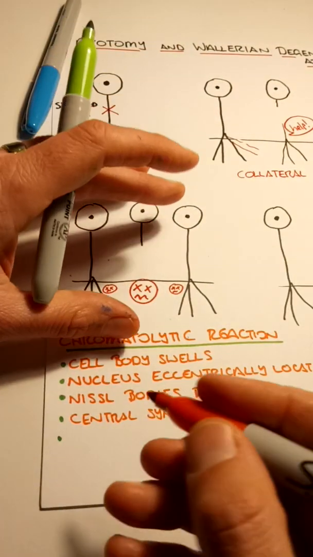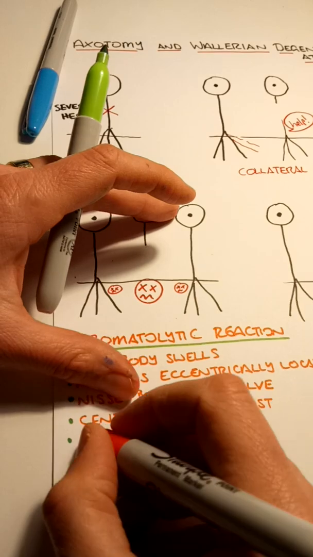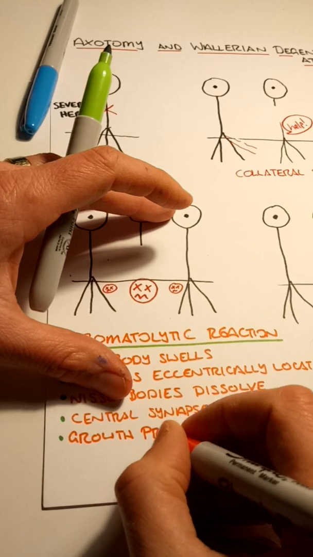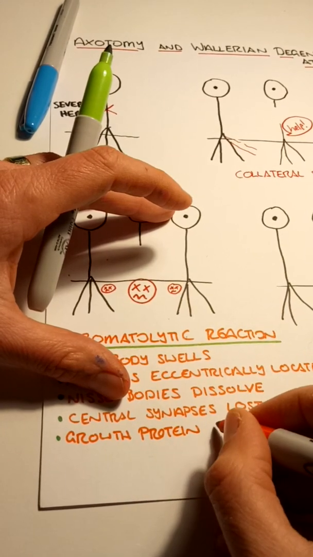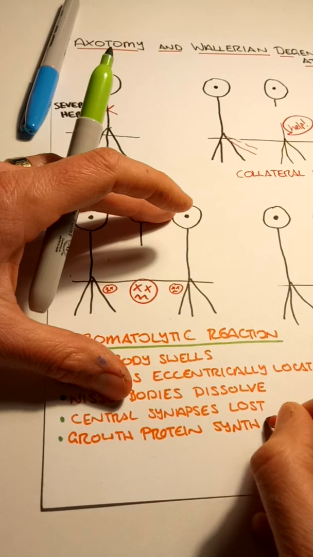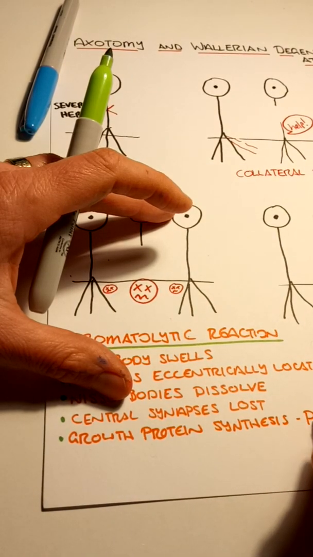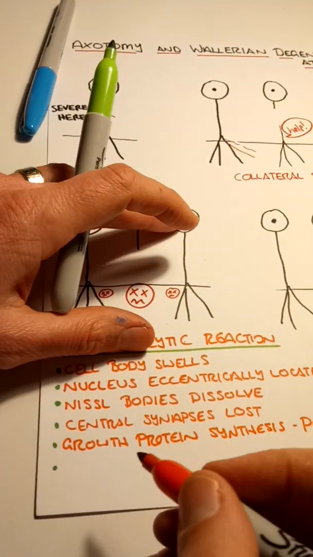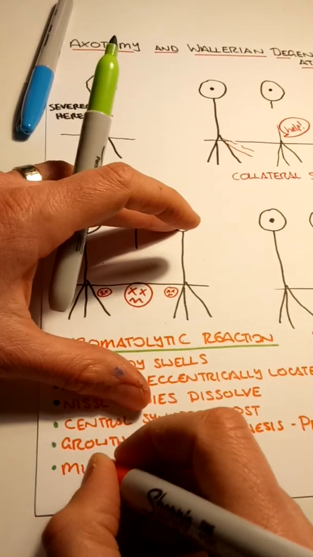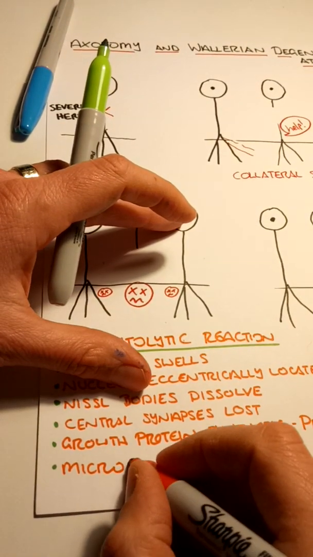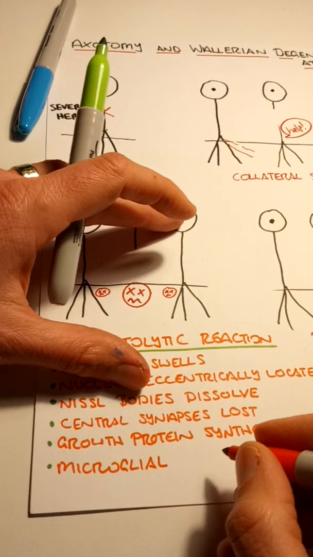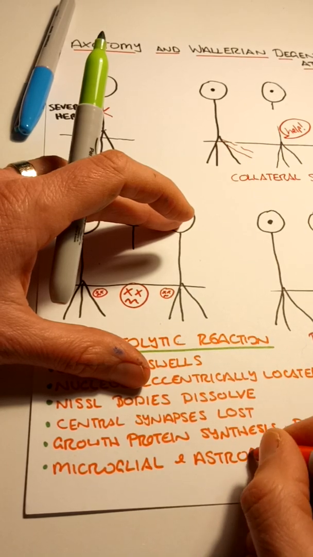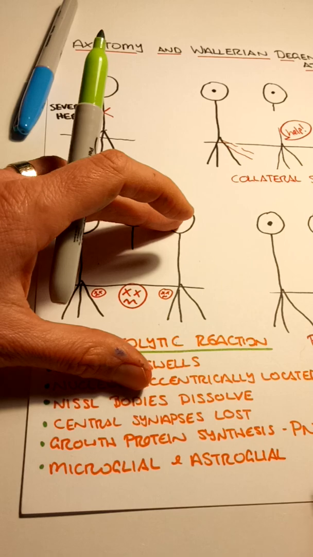Growth protein synthesis occurs in the PNS. And in the CNS, microglial and astroglial reactions occur.